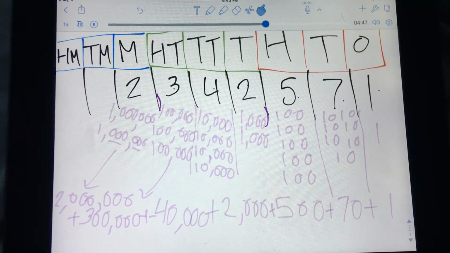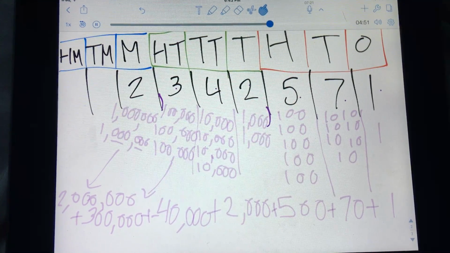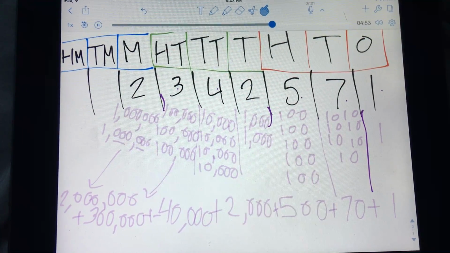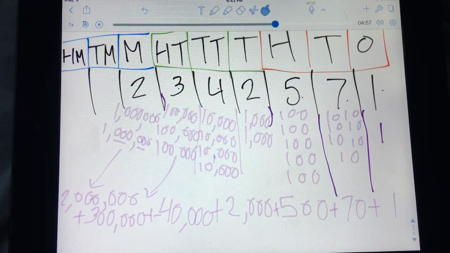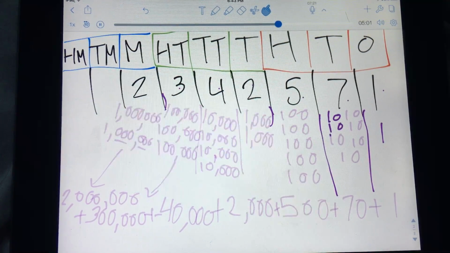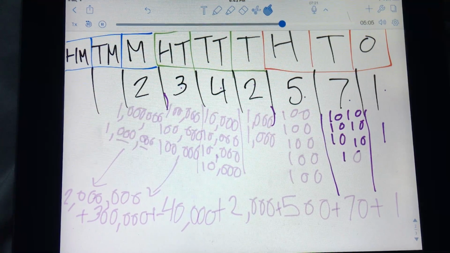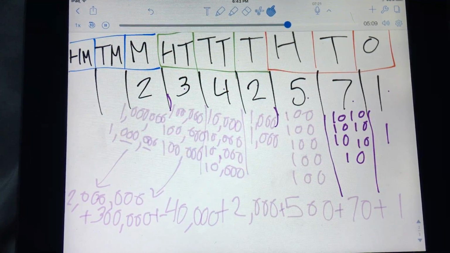So a way I can do that is just figuring out the values of each digit. So in the ones place, I have a 1. So it's worth 1. In the tens place, it says I have 7 tens. So 1, 2, 3, 4, 5, 6, 7. If I'm counting by tens, what's the value of 7 tens?